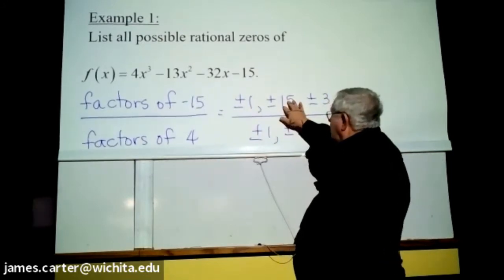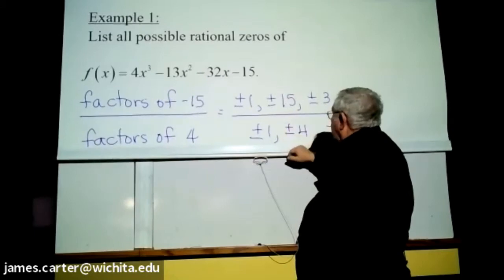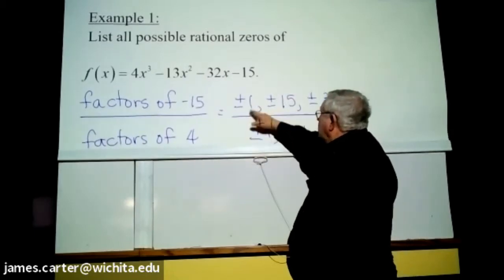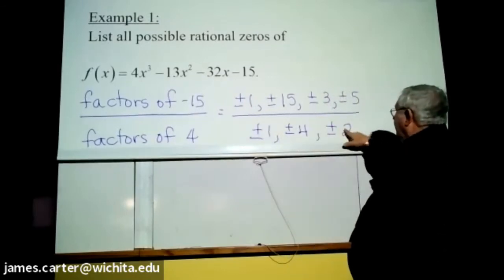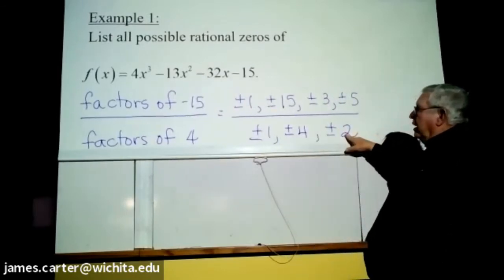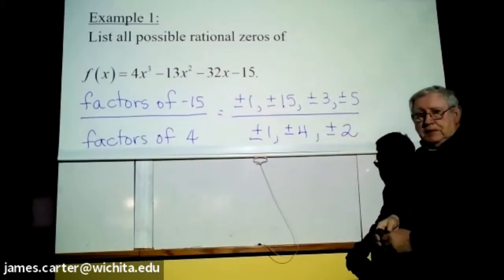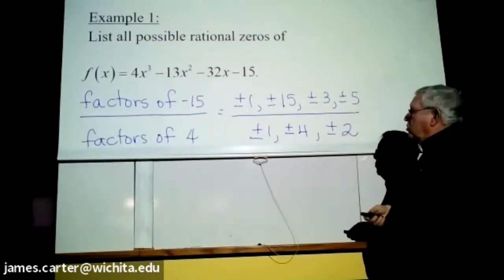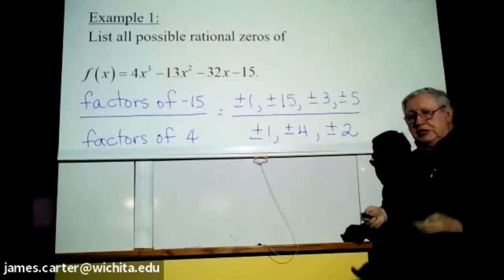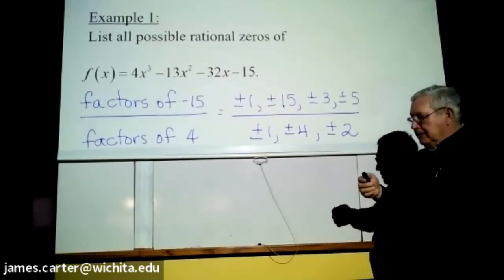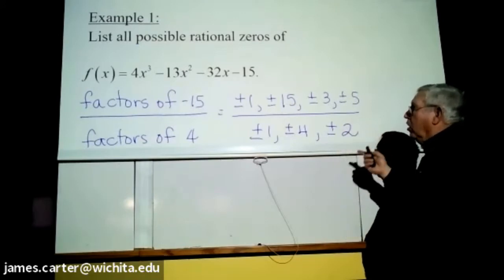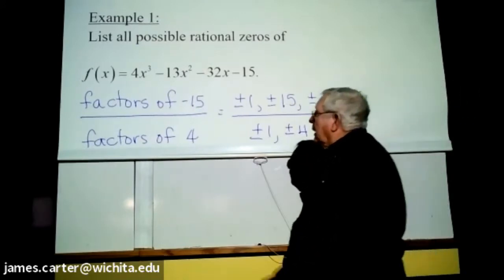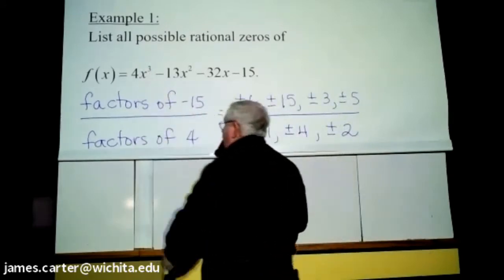You could have x equals 15 or negative 15. Or you could have this 1 over this 2, or x equals 1/2 as a possibility. So any possible combination of those would potentially be a 0. Now, will all of them? Absolutely not, okay? At most, there can only be 3 of them.